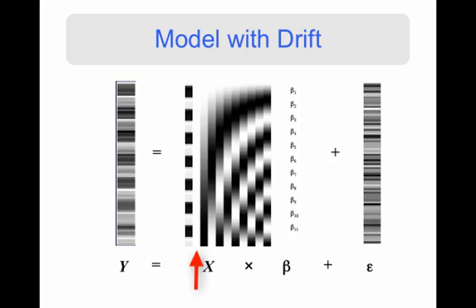Then we have a baseline in the second column, and after that a series of discrete cosine basis sets that model the drift. In total we have 9 cosine basis sets here, and they're able to pick up a very wide variety of possible drift shapes.